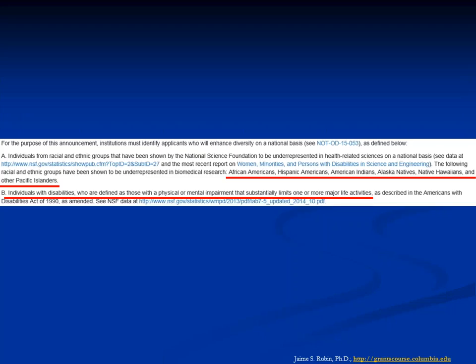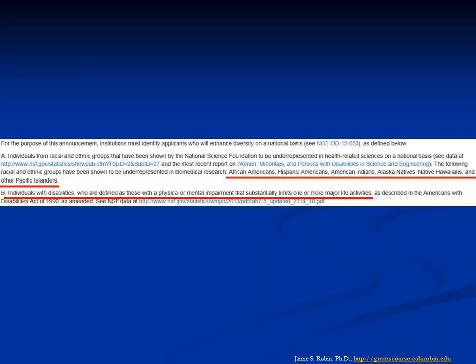And in terms of the diversity F31, this slide here shows what NIH says they're looking for in terms of eligibility criteria for the F31. This would be for individuals from racial and ethnic groups that have been shown to be underrepresented in health-related science and research.